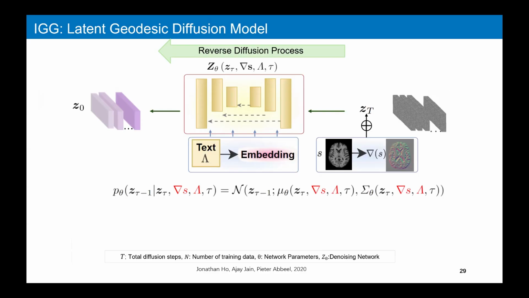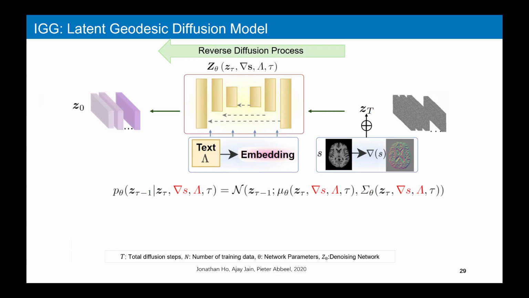The reverse process is gradually removing the noise from the previous step. So the current sampling is parameterized by the conditional probability P of z tau minus 1. Similar to the standard DDPM diffusion model, this entire reverse diffusion is basically implemented through a U-Net architecture.